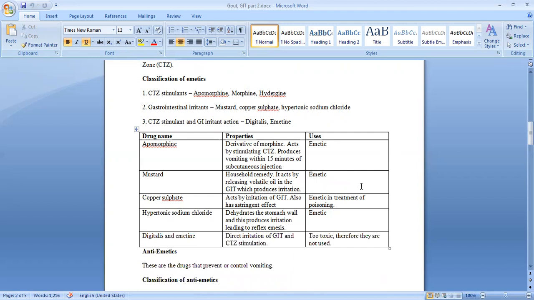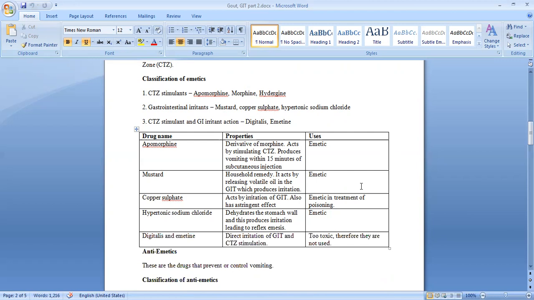Copper sulfate also irritates the GIT and it can be used in treatment of poisoning. Similarly, hypertonic sodium chloride: when you give a very highly concentrated solution of sodium chloride, it will cause dehydration of the stomach wall, and because of that, there is a reflex action of emesis.